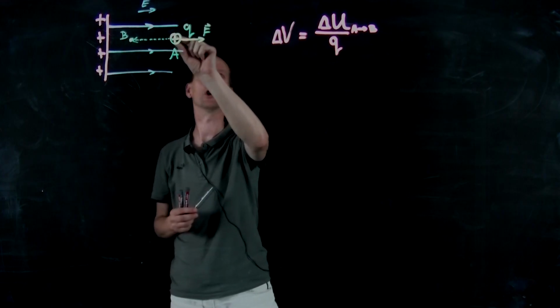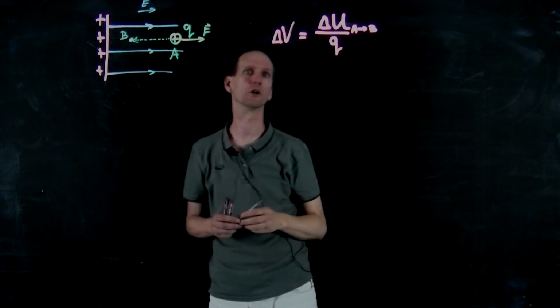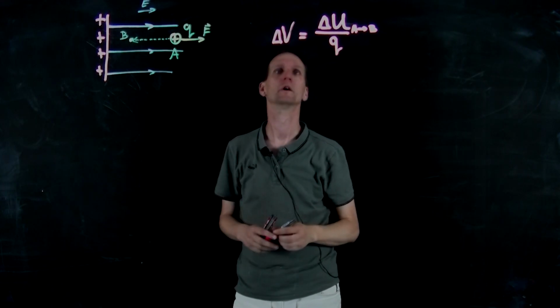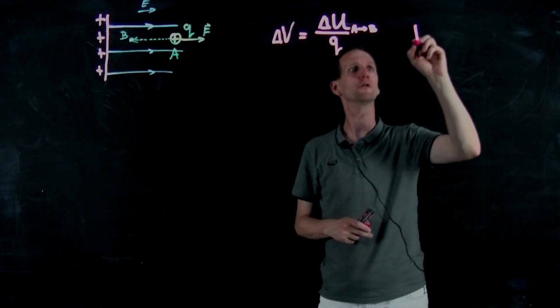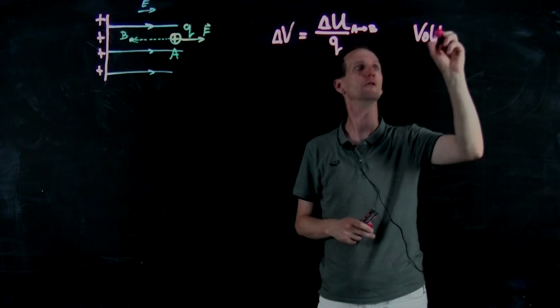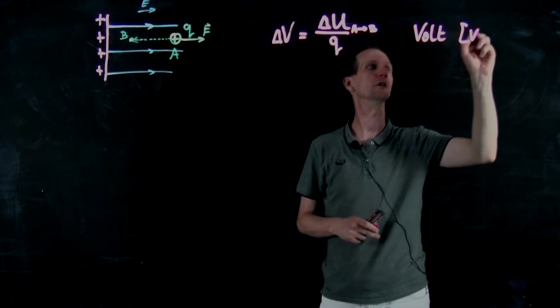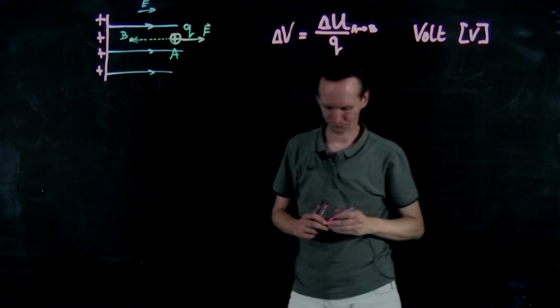So the magnitude of the charge on the particle that we are moving in the field. And so this is what we call the potential difference. And the potential difference is measured in units of volt, abbreviated by a V.